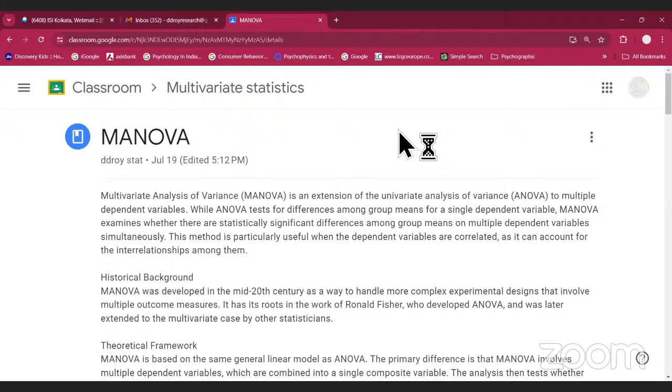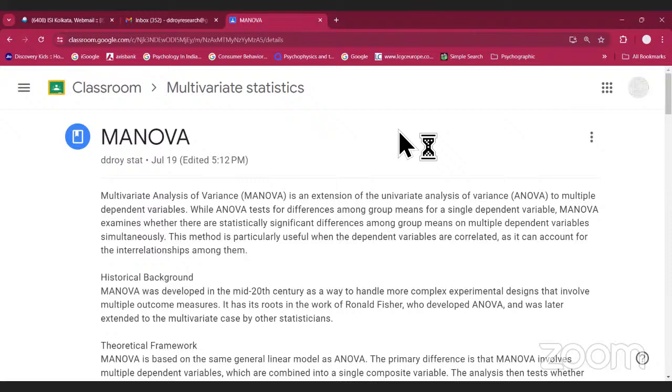And since we are using a larger number of dependent variables, we can use more independent variables also. Independent variables means independent groups. Now you read the historical background.